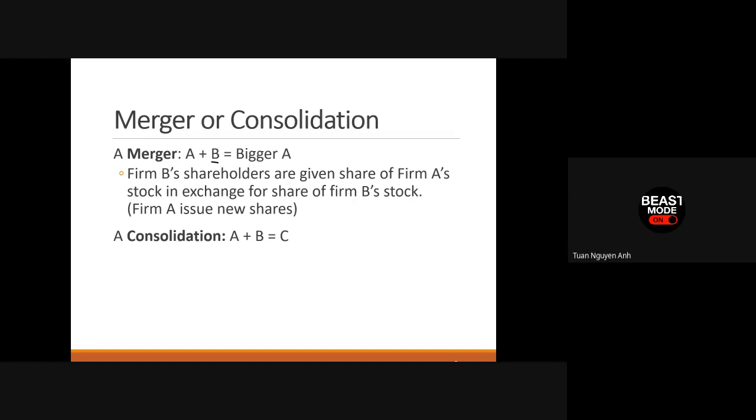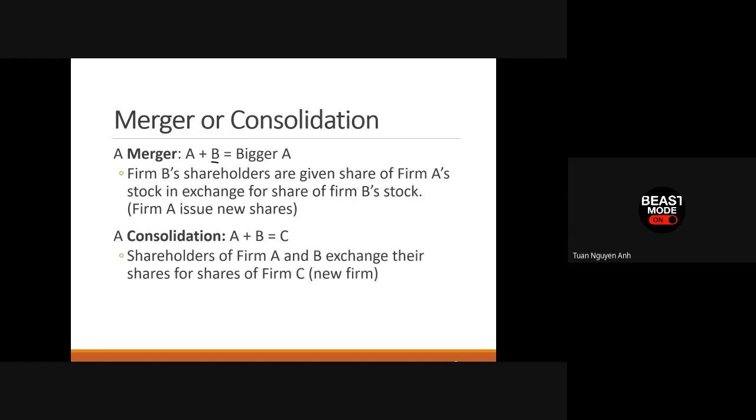In the consolidation, A plus B becomes C. The shareholders of firms A and B exchange their shares for shares of the new firm. So they issue a new firm and exchange the old shares, just exchange the document. And A and B's shareholders are still shareholders of the new firm.